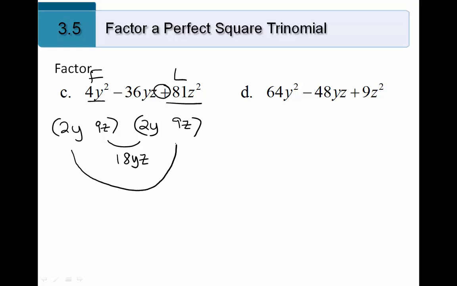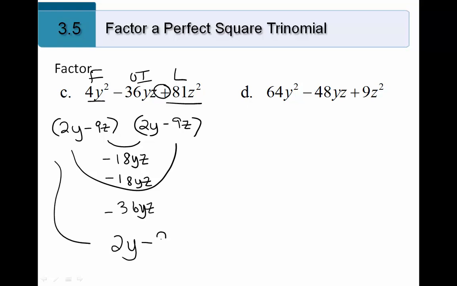And 2y times 9z is another 18yz. If I add this up, I get 36yz. And I check up here, good, I need a negative 36yz. As long as these are both negative, I'm in good shape. So I will write my answer as 2y minus 9z raised to the second.